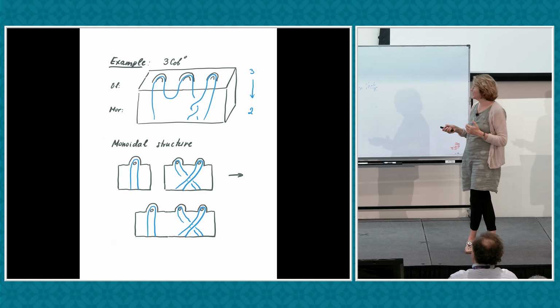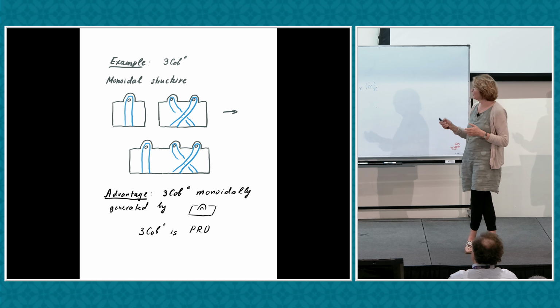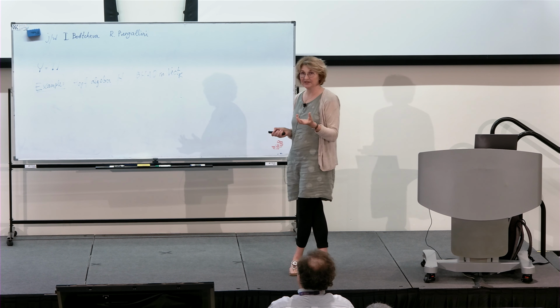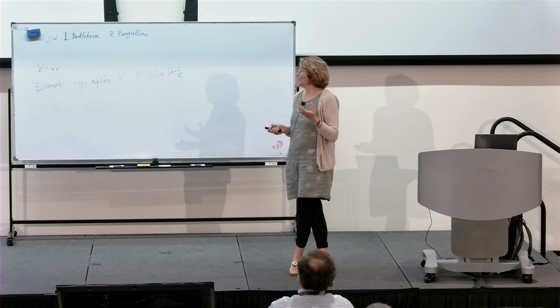So this is the so-called boundary connected sum. What is the main advantage of using this monoidal structure? The main advantage is that this 3-COP, fancy speaking, is now becoming a pro category. This means that the set of objects is isomorphic to the natural numbers, and the monoidal structure corresponds just to summation of these numbers.